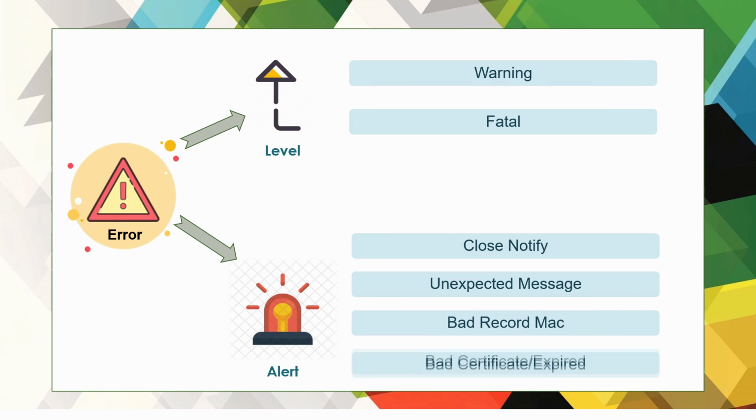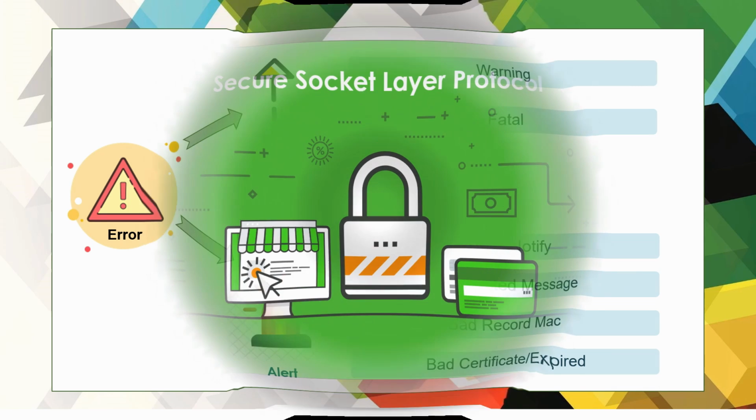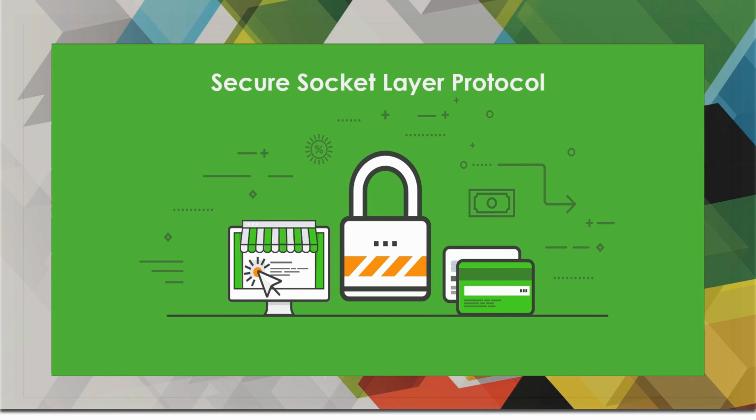The last one is bad certificate. It says that the certificate received is corrupted or the certificate has expired. That is, the certificate which the sender has sent is not the verified one and hence the connection should be stopped. Here we saw how the different layers in SSL behave.